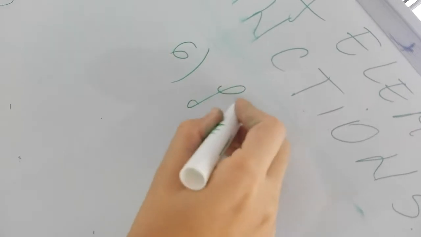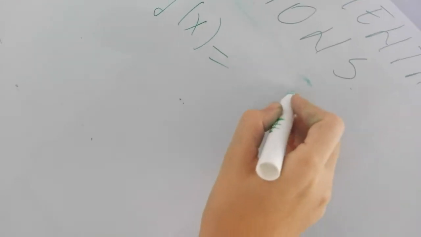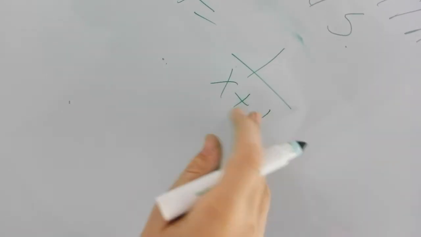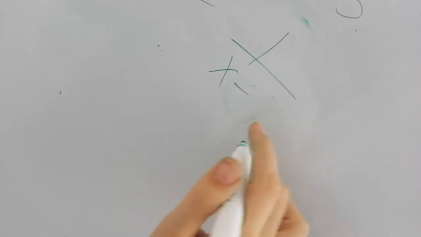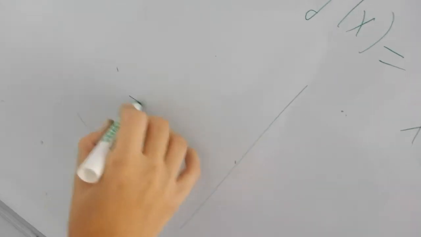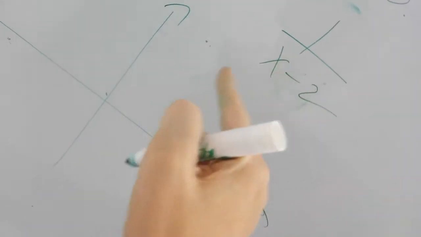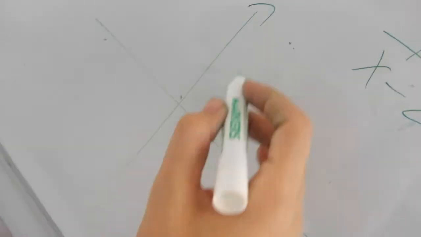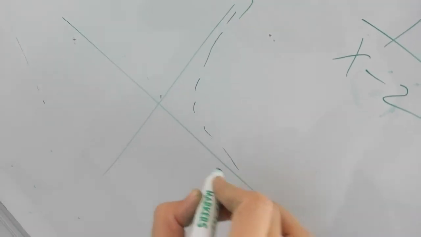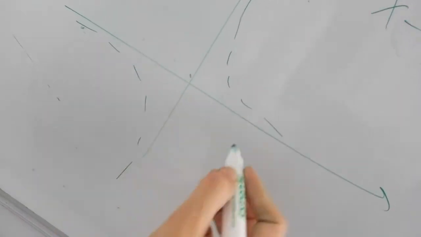I'll give you another example. I want to talk to you about the hyperbolas. For instance, if you have a 1 over x plus 1, or let's make it a -1 or -2, whatever, it doesn't matter. -2, for instance. This means since the constant is next to the x, my graph will move to the right 2 units. So the original hyperbola was 1 over x, looked like this.